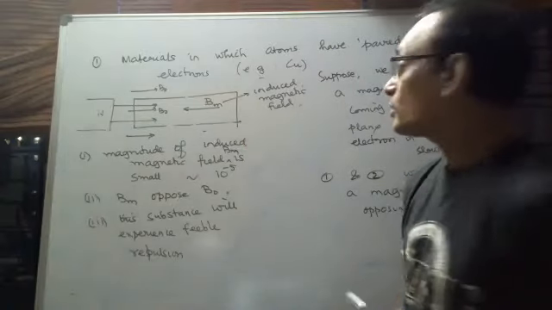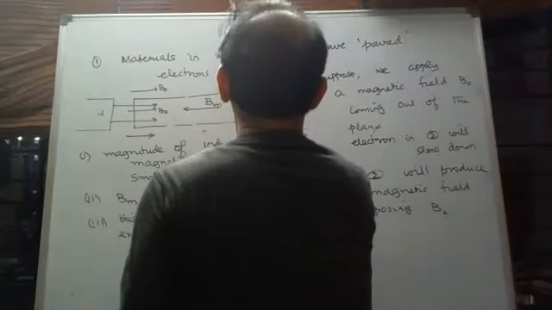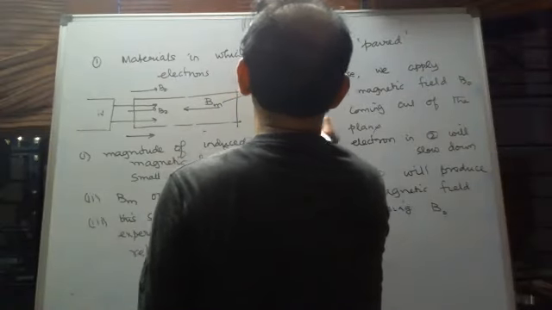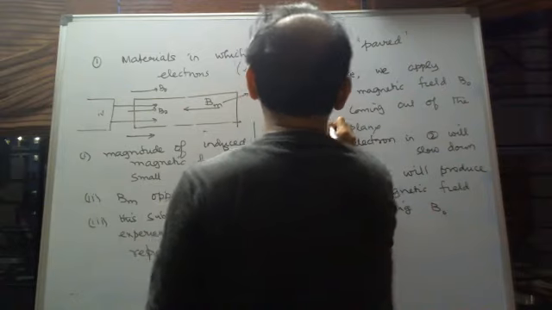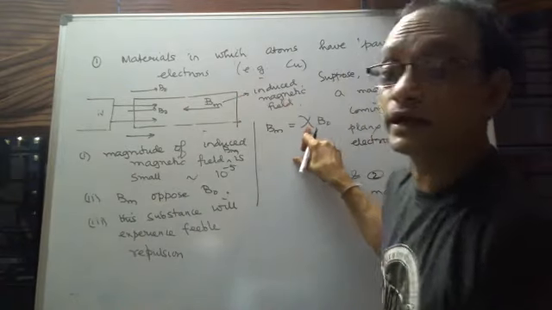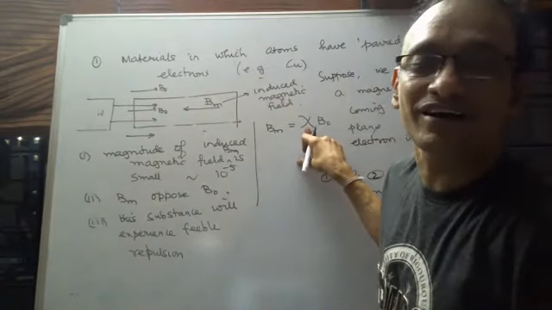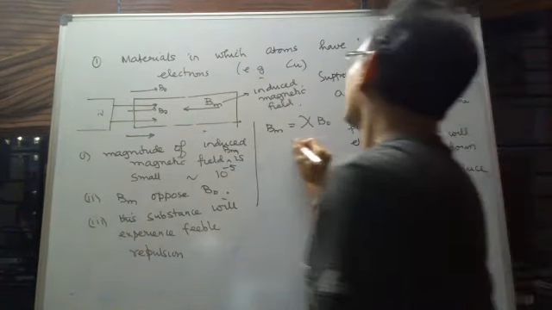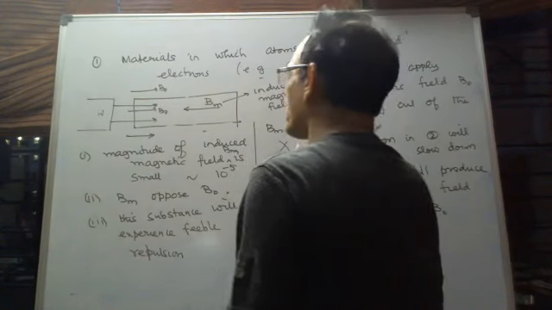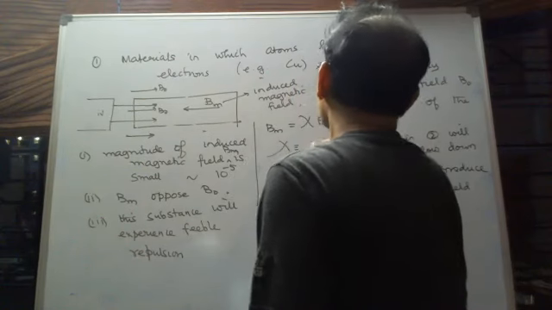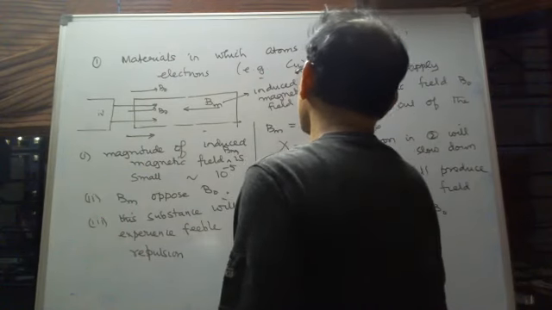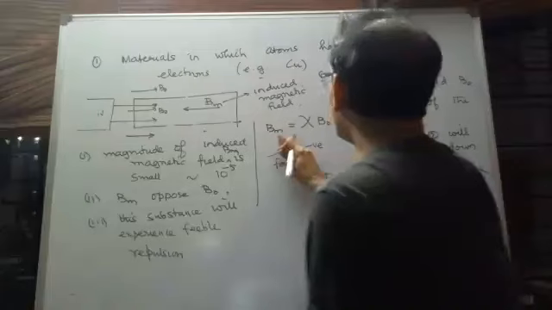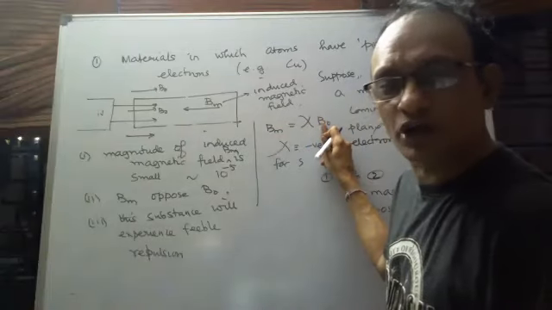हम लोग ने क्या कहा था, Bm is chi times B naught. अब इसका जो chi है ये छोटा होगा और नेगेटिव होगा. This chi is negative for such materials because Bm is in a direction opposite to B naught.